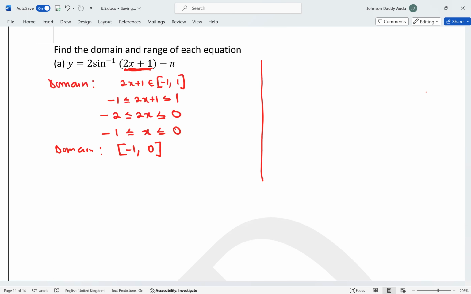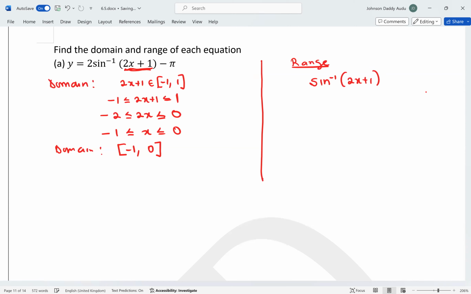So the domain is simply from minus 1 to 0. Now, how do we find the range? We know the range of sine inverse is minus pi over 2 to pi over 2. So this is how we need to start. We have sine inverse of 2x plus 1.